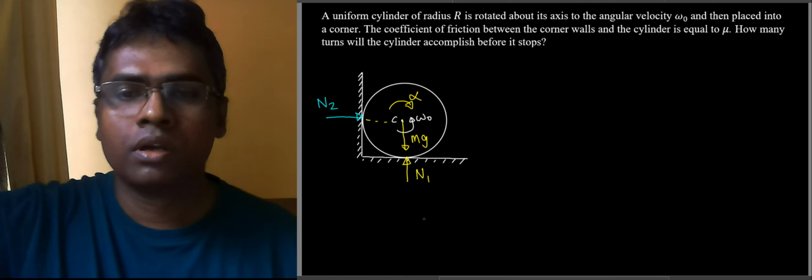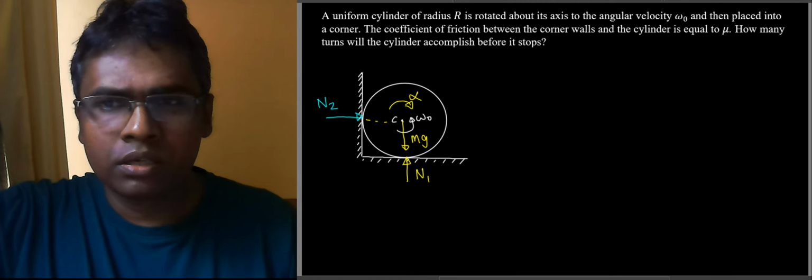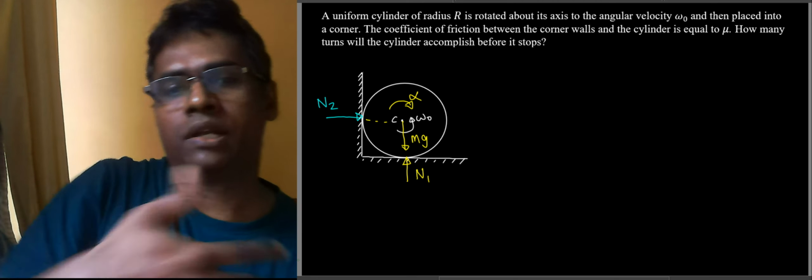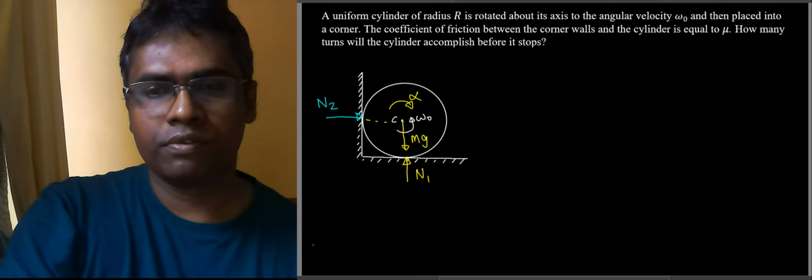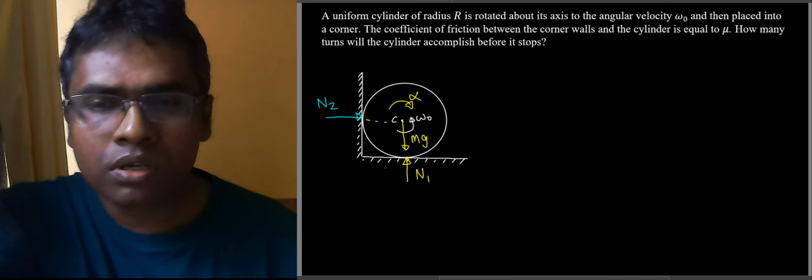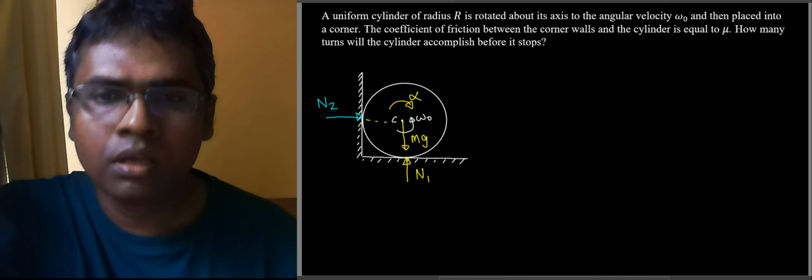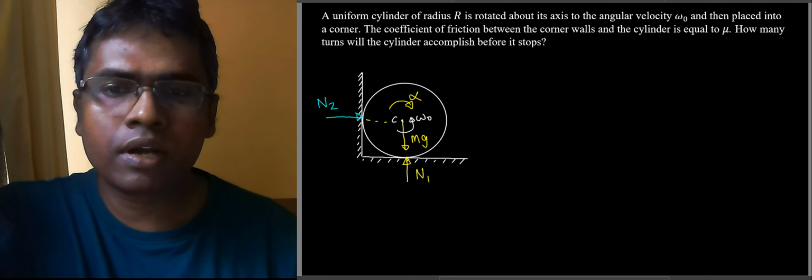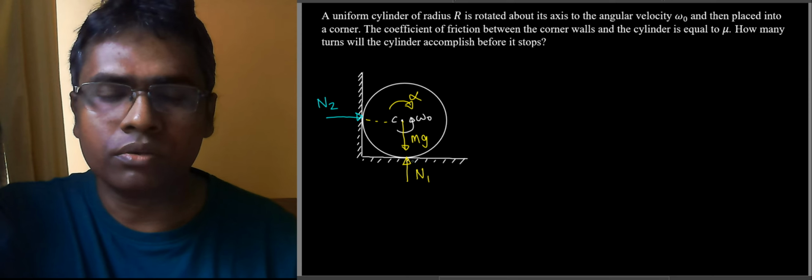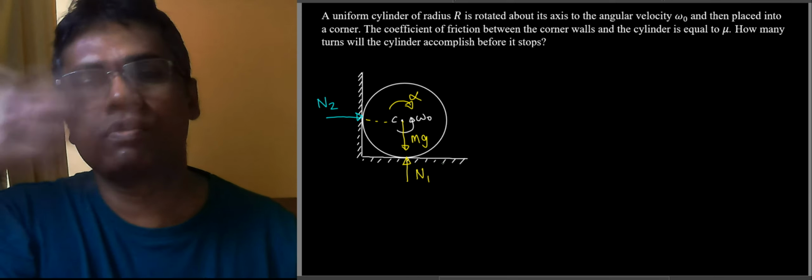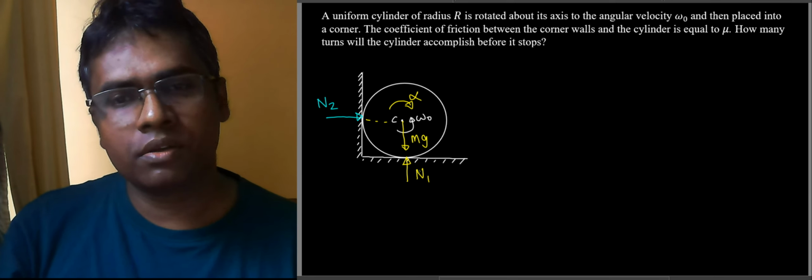This sometimes confuses a student: how to really get the correct direction of friction. That's important to understand. Now if I look at the contact point near the ground, always imagine a scenario where there is no friction.